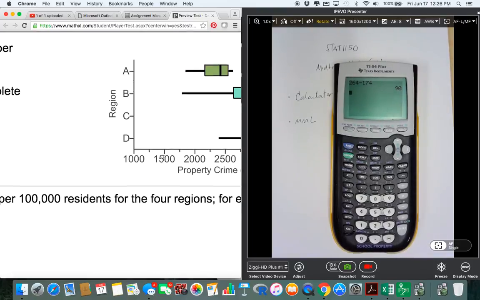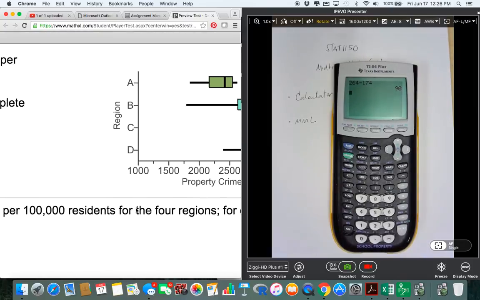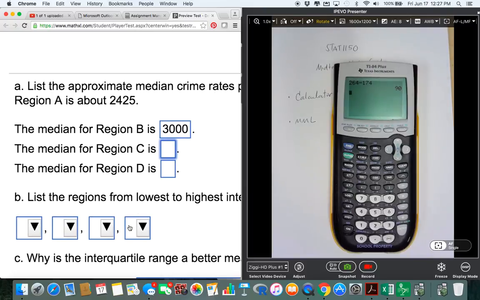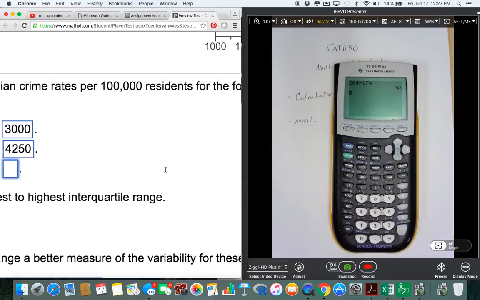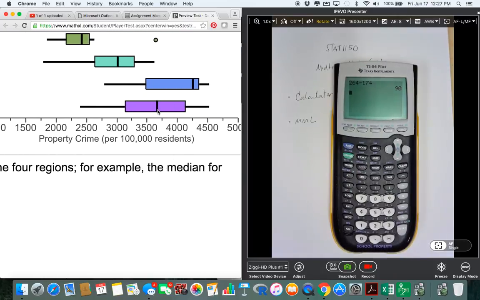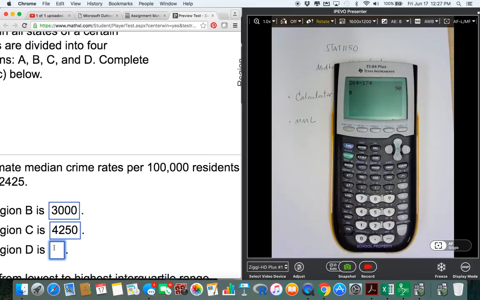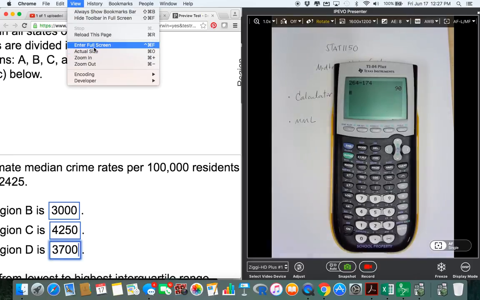Let's go C. So C, if we follow it down, I'm going to say that's about 4,250. And for D, I'm going to go with about 37, so about 3,700. I hope that the computer gives you some flexibility on that. Let's go back to view full screen.